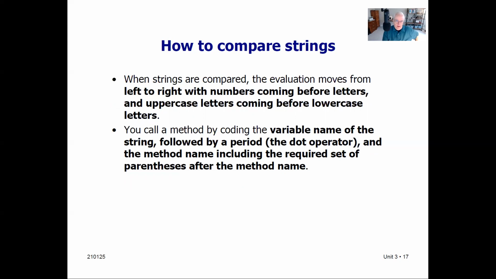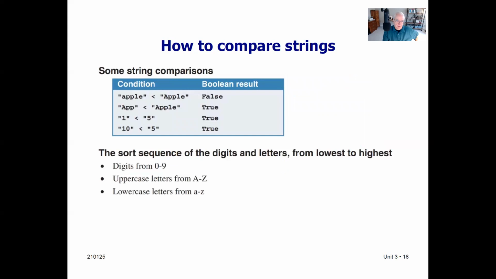So I think this is kind of a review here. When we evaluate strings from left to right with numbers coming before letters, uppercase coming before lowercase, and then you call the method with the variable name, a dot, the method name, and then the parentheses. Inside the parentheses is going to be the parameter, which is going to be the text that you want to convert, the letters. Okay, it's really, to the method, it's just characters.